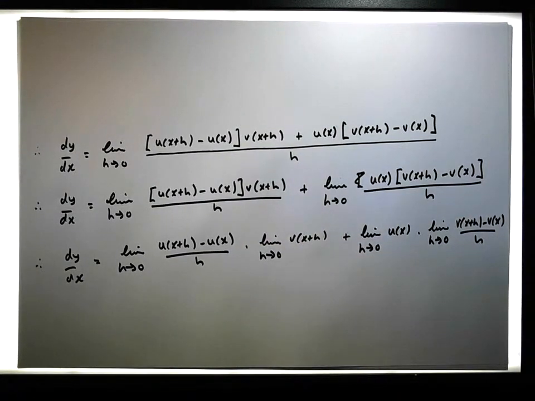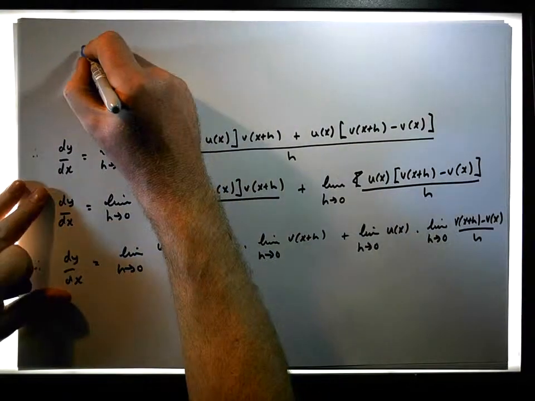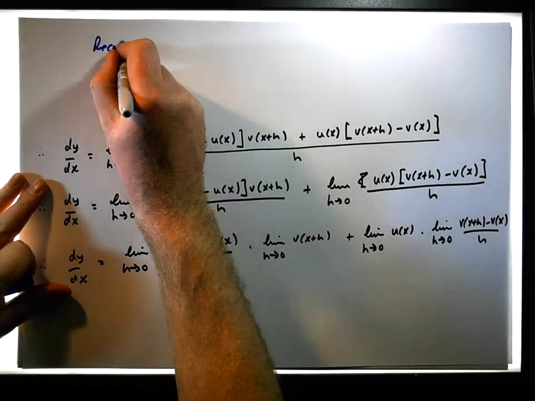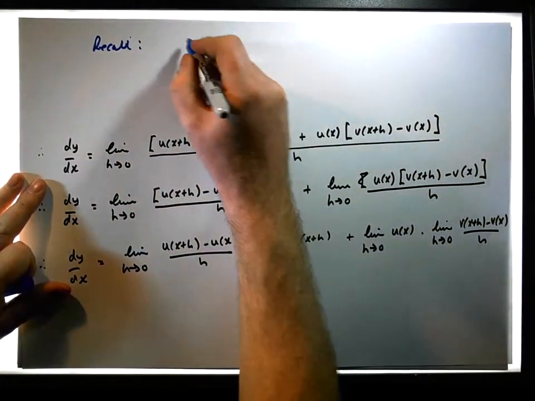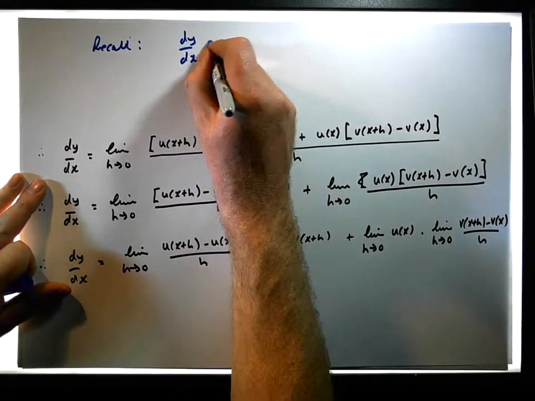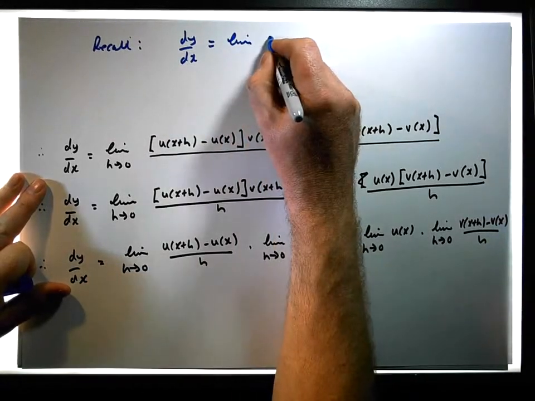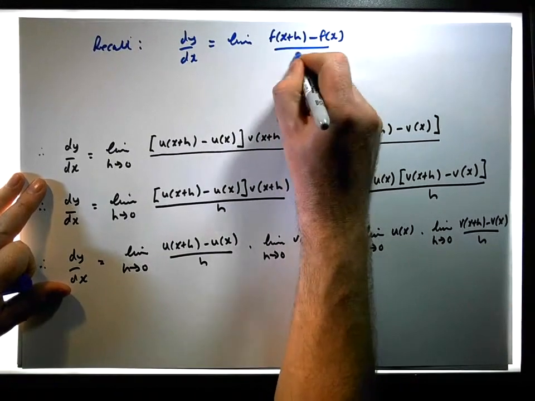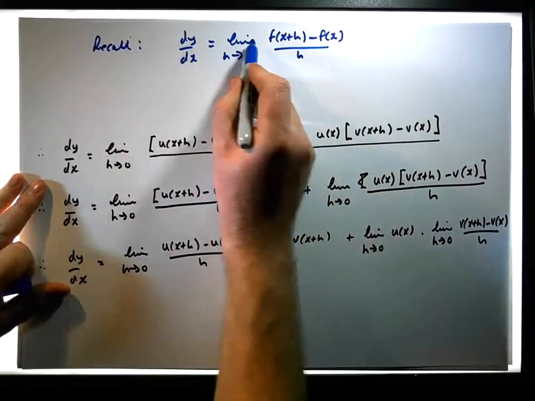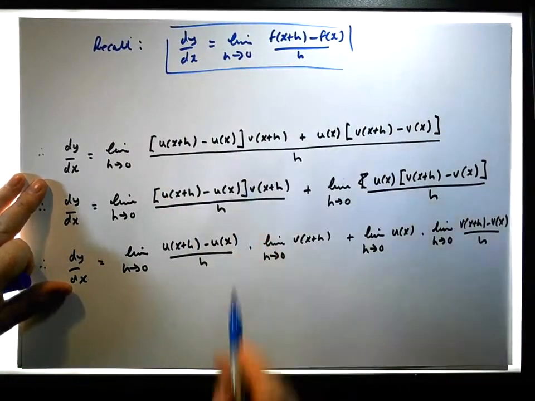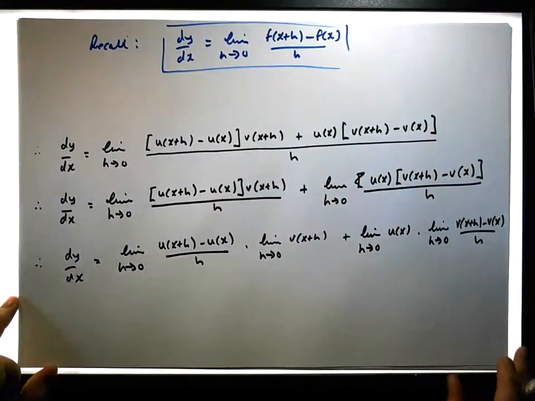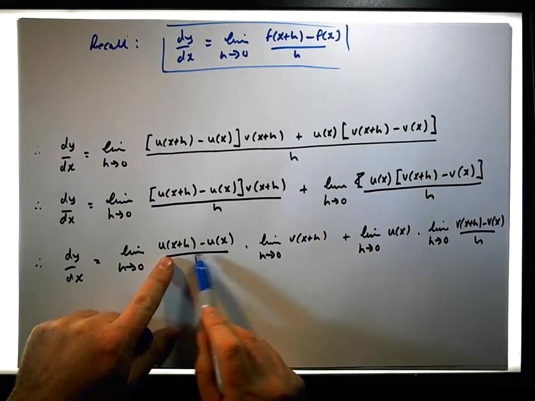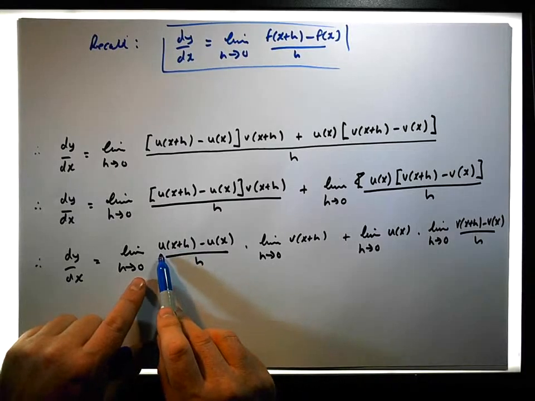Hopefully we can see here, from our definition, recall that the derivative of y with respect to x is simply equal to the limit of f of x plus h minus f of x all over h as h tends to 0. That's the definition of a derivative. So we have the same thing here for this function u.